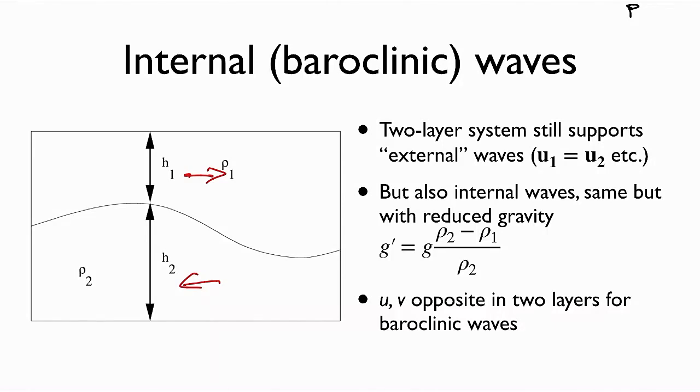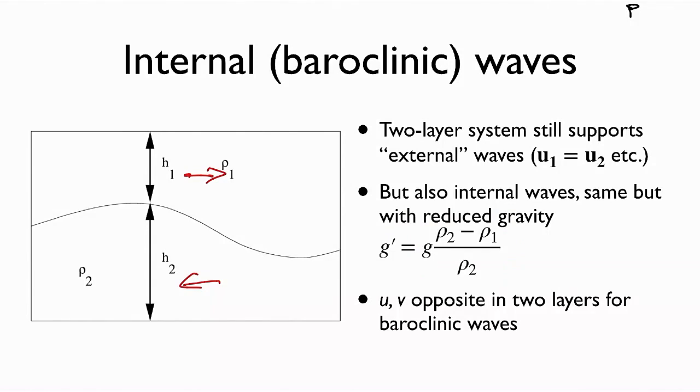And for the waves that we just saw before, they still have buoyancy waves. But you need to, and the maths is the same, except you need to use this reduced gravity where the restoring force on the wave comes from the difference in density, which may be very small.